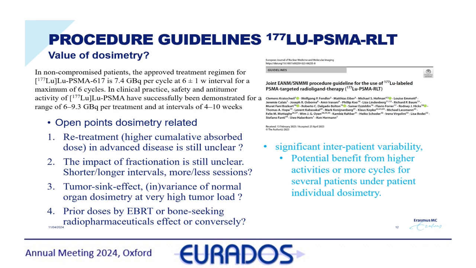So we're not quite there yet to say, go for the maximum. Also, the impact of fractionation. So now these therapies are given 4 to 6 cycles with 6 to 8 weeks interval between them. It's not clear what the ideal fractionation scheme is.